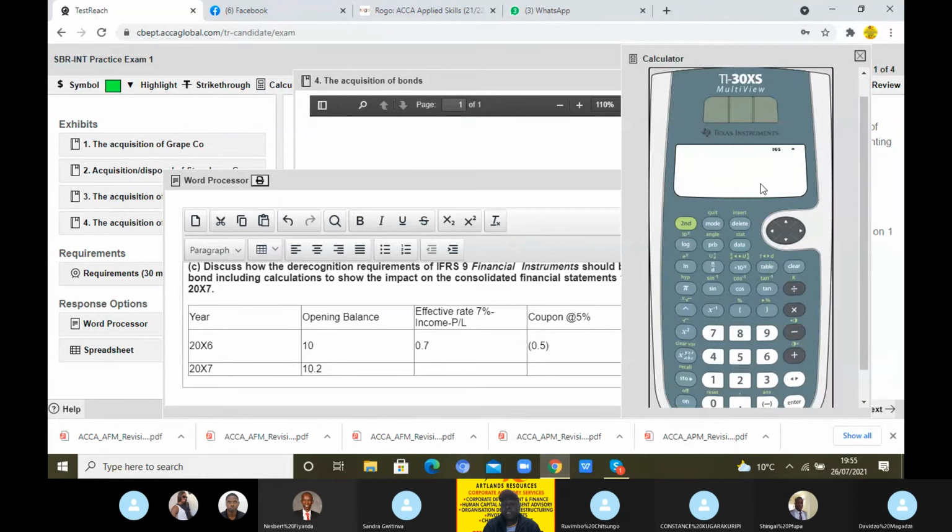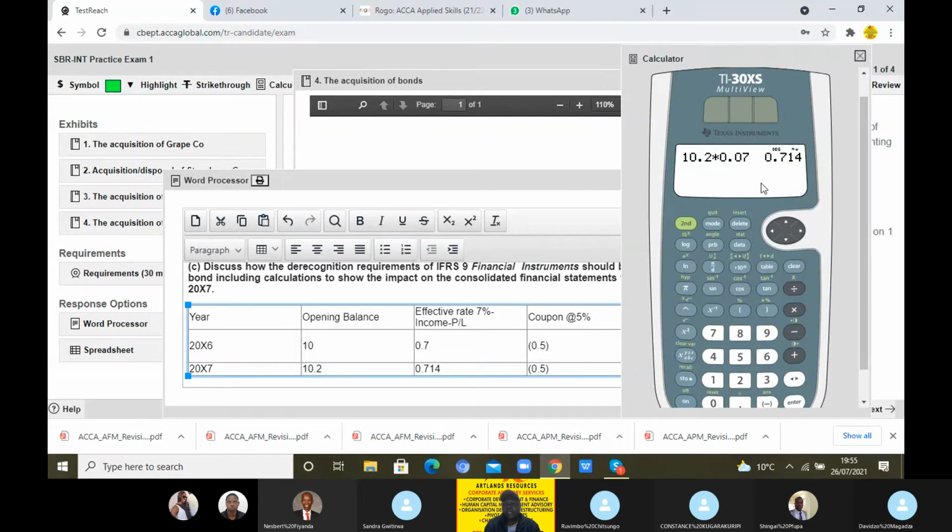You highlight the calculator for it to work. You say 10.2 times 0.07, enter, which is 0.714, and coupon still remains 0.5 because coupon is calculated at par.